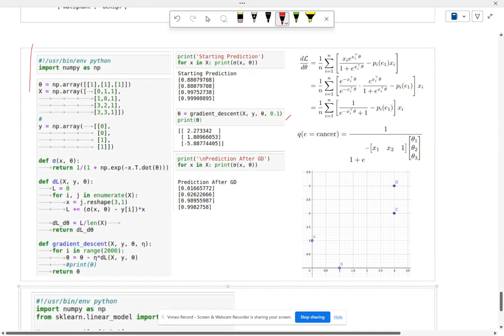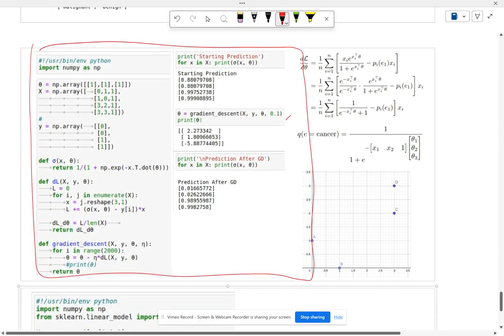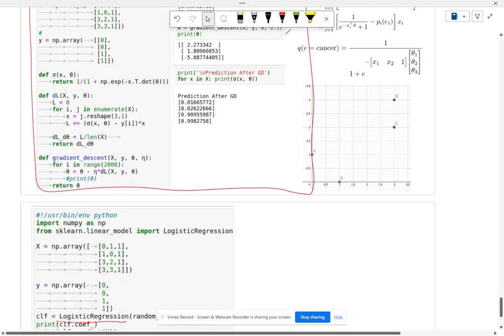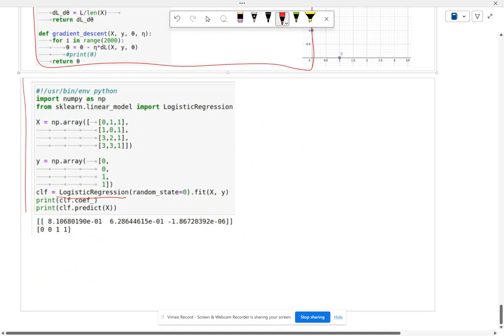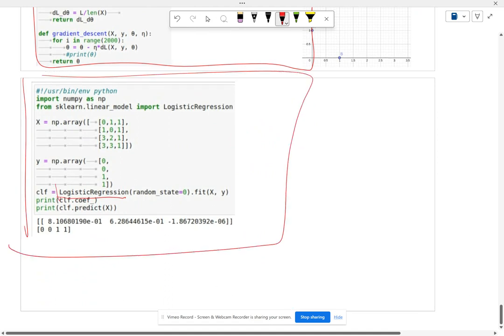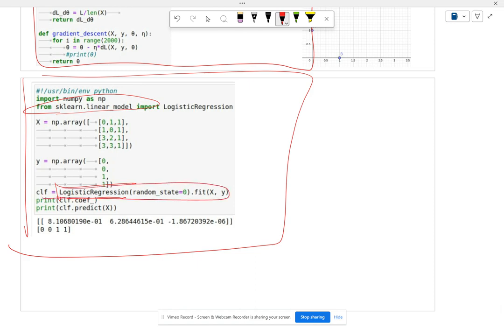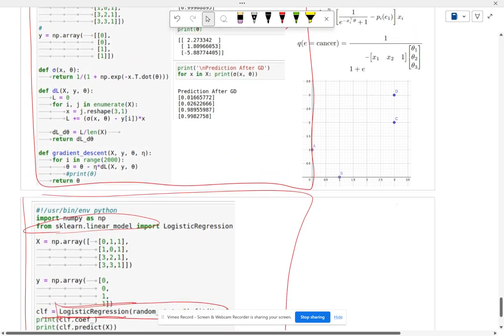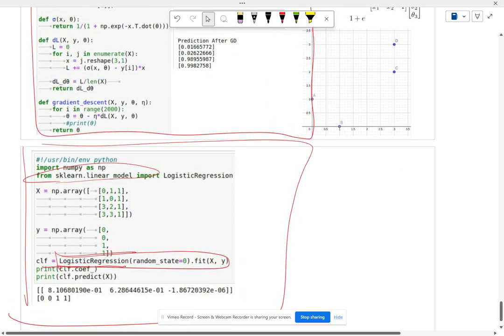Over here is the code that I wrote that uses gradient descent with the logistic regression objective. With sklearn, you can just call logistic regression and it will solve it for you automatically, so you don't have to run the gradient descent. But the whole point here is for you to know what's under the hood. So see if you can run the gradient descent.